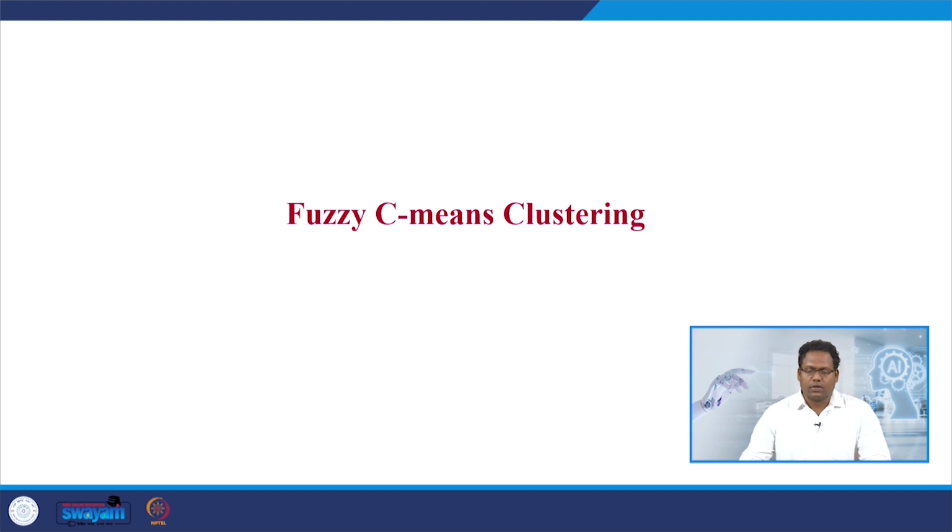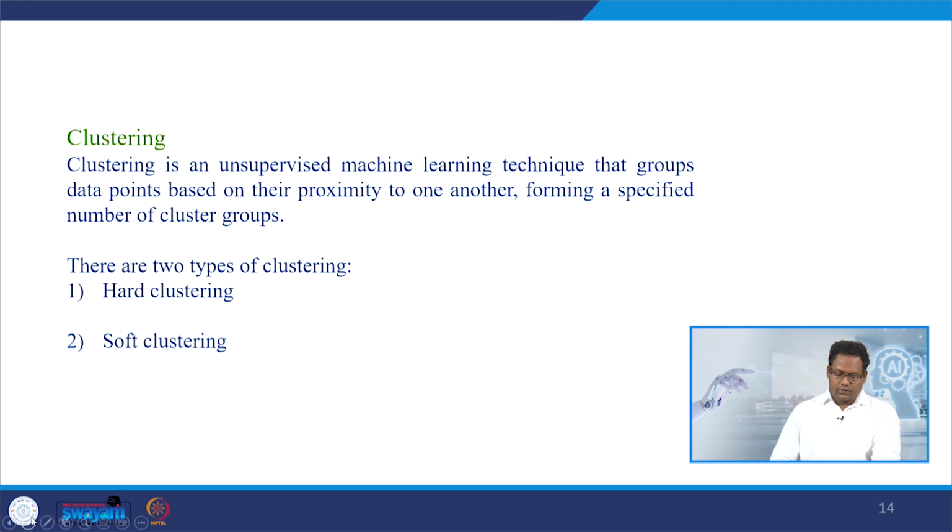Fuzzy C-means clustering is also similar to that. First of all, let us discuss clustering. What is clustering? Clustering is an unsupervised machine learning technique that groups data points based on their proximity, closeness to one another, forming a specified number of clusters.